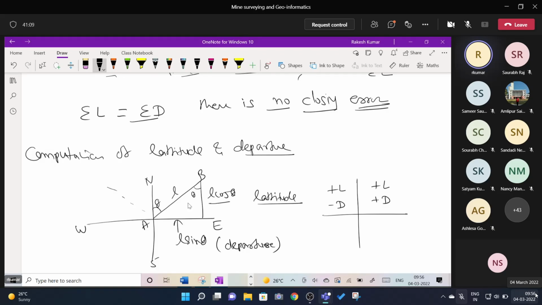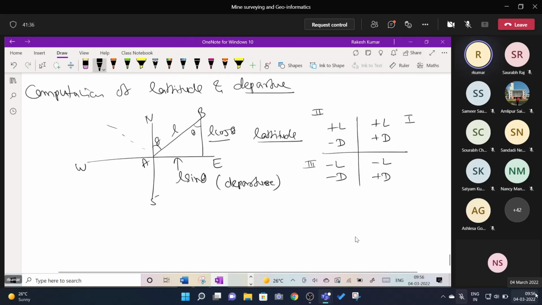It depends upon theta. This is your first quadrant, this is your second quadrant, this is your third quadrant. I can say both will be negative. So just calculate it, then here it will be minus L plus D. If you calculate by this theta concept, you'll find this.